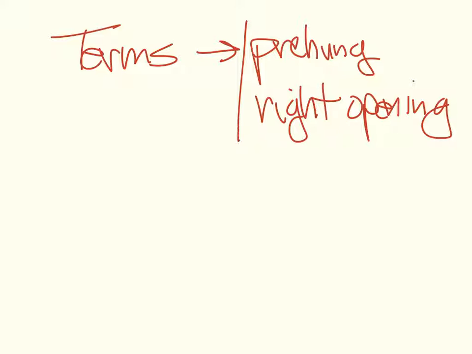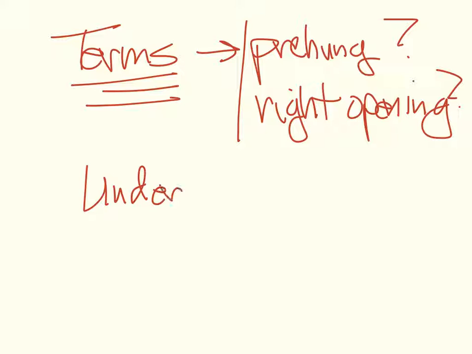But at least this gives us an idea in a discipline that's maybe not directly related to all of us, but we can all understand. Okay, what does pre-hung mean, and what's right opening? Okay, these are things that would be a cognitive skill. These are things a student would need to understand. Okay, Bloom's taxonomy, you know, the student needs to be able to understand.